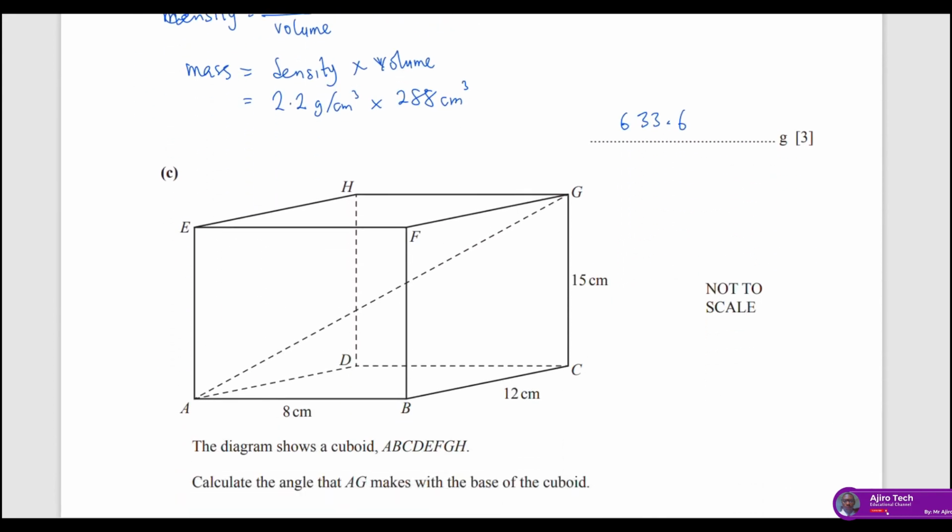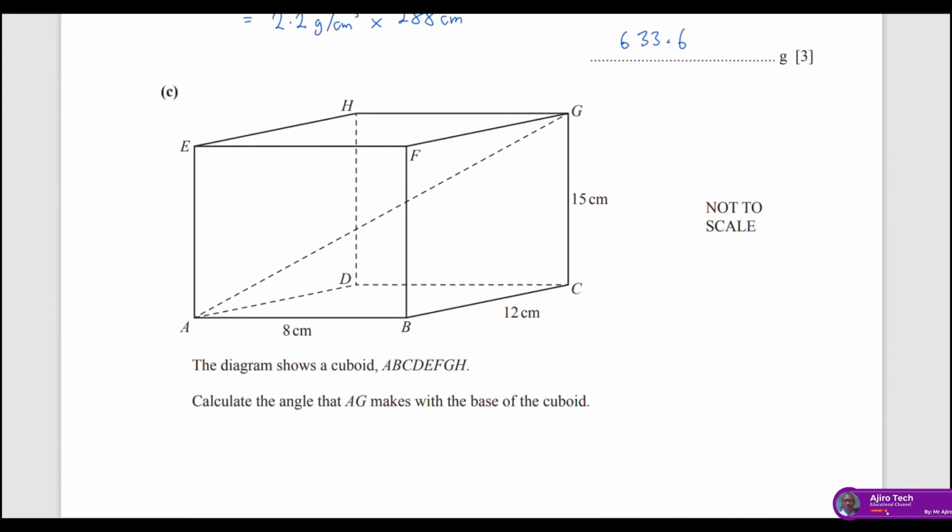Now, C part. The diagram shows a cuboid. Calculate the angle that AG makes with the base of the cuboid. I need to look for this line AG, and I have this opposite line GC. So I have something like this, AGC.